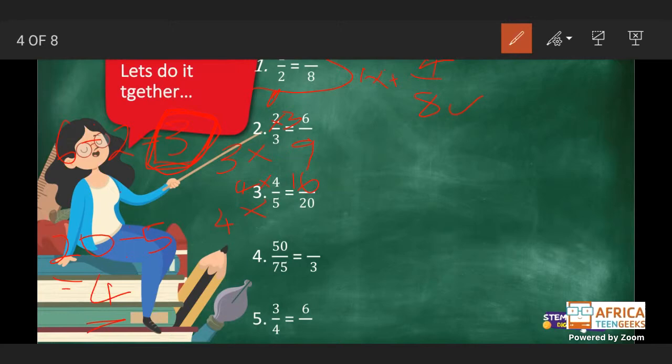So in order to know what number they used to divide, because you can see they simplified the fraction: when you simplify a fraction, you need to divide by the highest common factor.